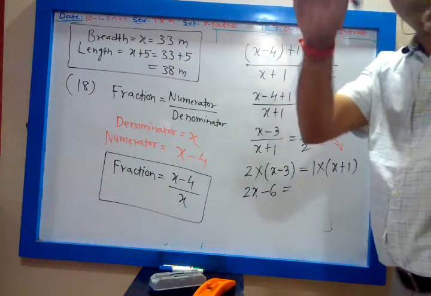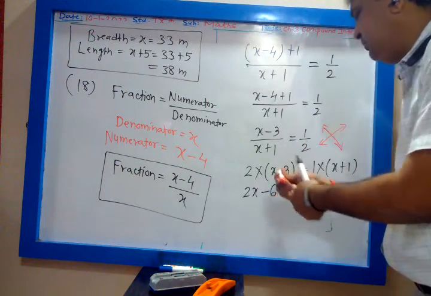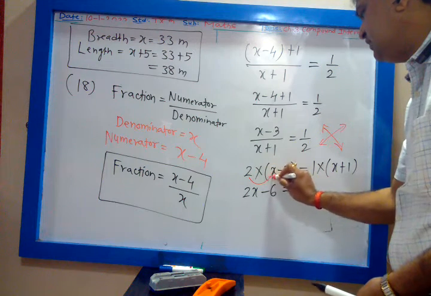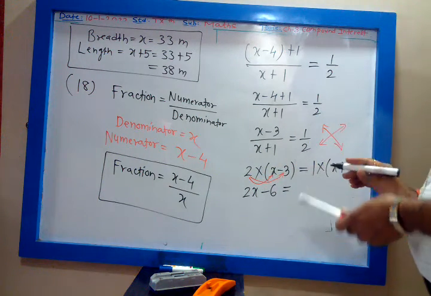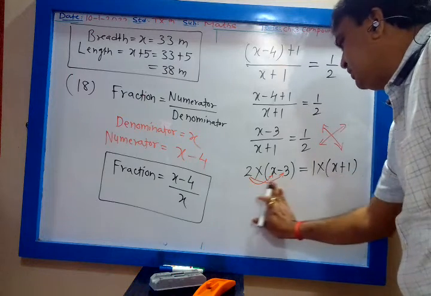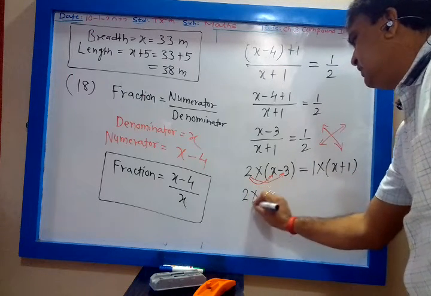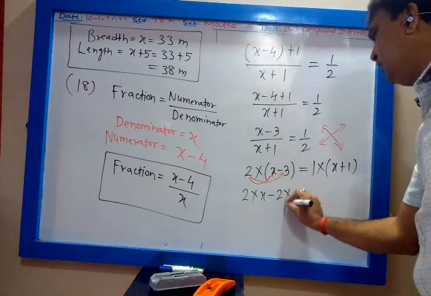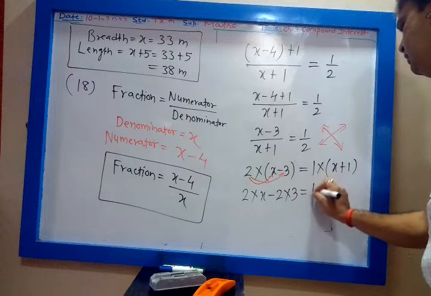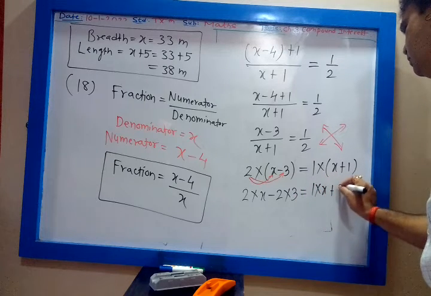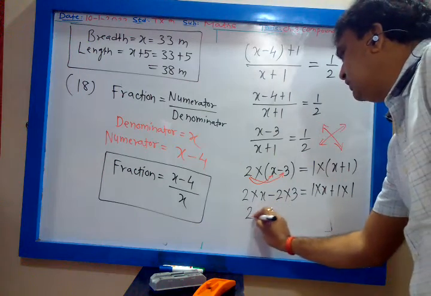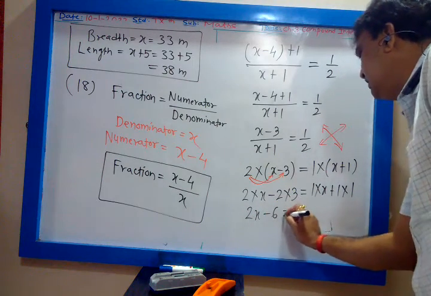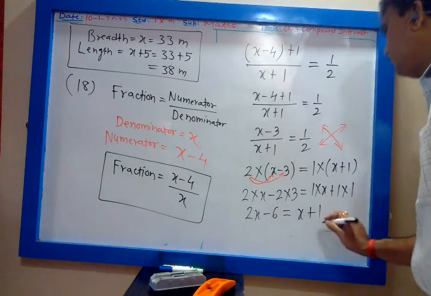Not minus 3, my dear. This 2 you have to multiply to each. Let me write one more step. So 2 into x minus 2 into 3 is equal to 1 into x plus 1 into 1. You have to multiply to each term. So 2x minus 6 is equal to x plus 1.